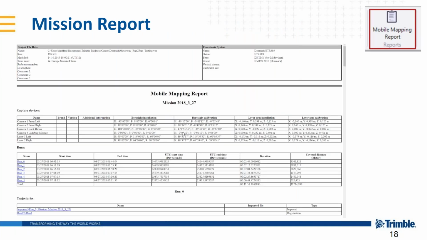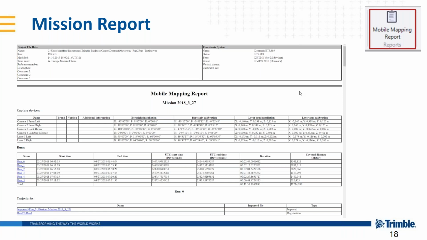Now already pretty much at the end, coming to what's called the mission report. So you see on the top right, there's an icon in TBC mobile mapping which simply creates and opens a report. This is just a section. You can see there's a scroll down bar.